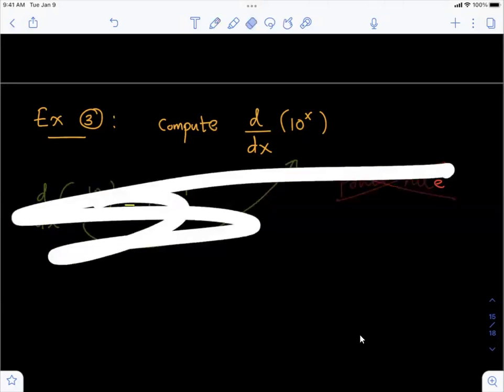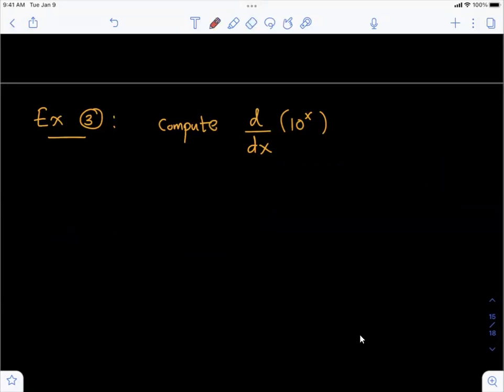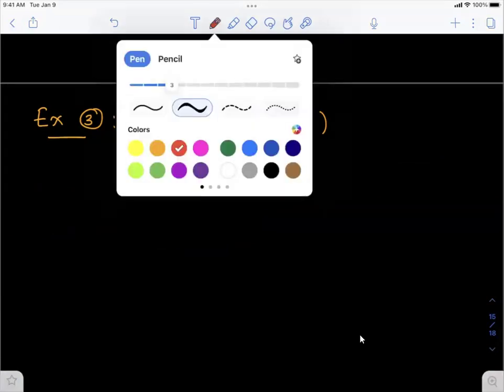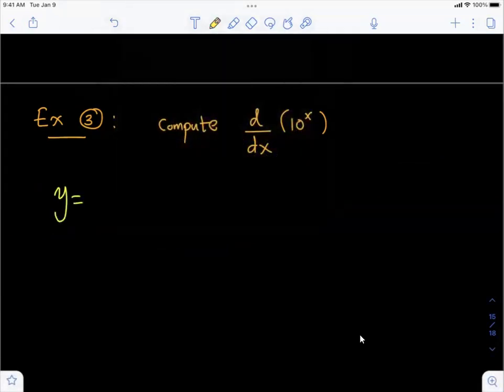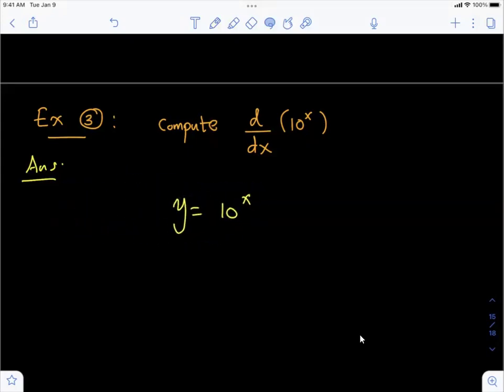So instead, this is what I'm going to do. First thing, I will look at this function. And since it's not given like a y equals something, I will write it like y equals something. y equals 10 to the x. Now, what I need to do in the next step is to compute the derivative of y. If I have y prime, we are done.